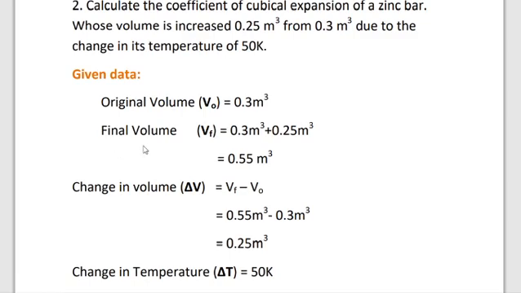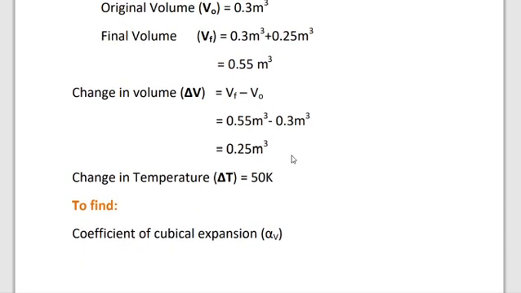Then final volume VF equals 0.3 meter cube plus 0.25 meter cube. So already 0.3 meter cube is there, and from that it has increased by 0.25 finally. So we can add both values, which means we get the final value 0.55 meter cube.